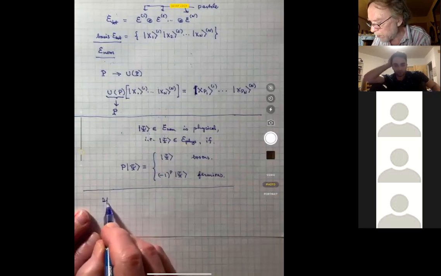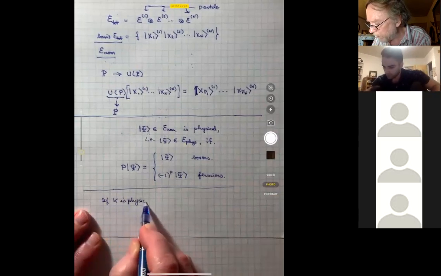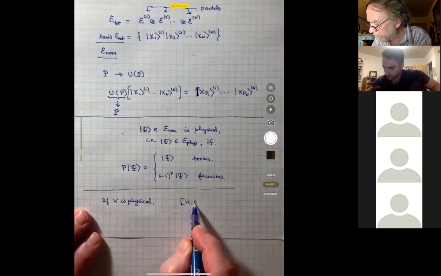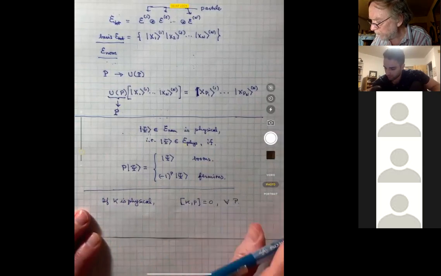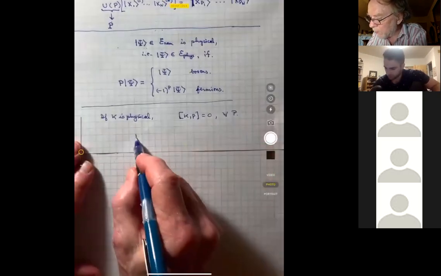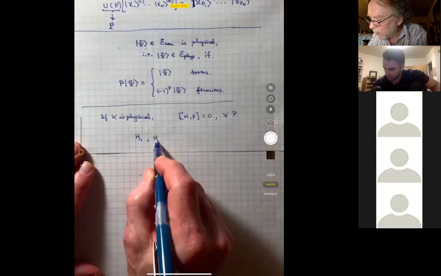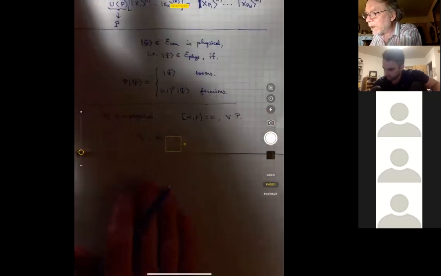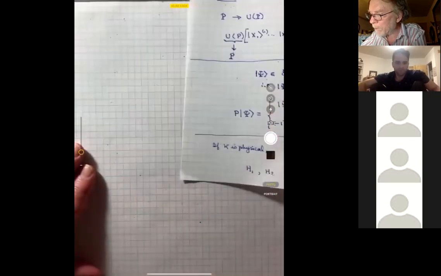So if K is a physical operator, then the commutator of K with P equals 0 for all permutations P. And in the system that we're considering, our multi-electron atom, it turns out that not only the Hamiltonian, but actually the two terms H1 and H2, which comprise the Hamiltonian, are individually physical operators because they commute with exchanges or permutations.